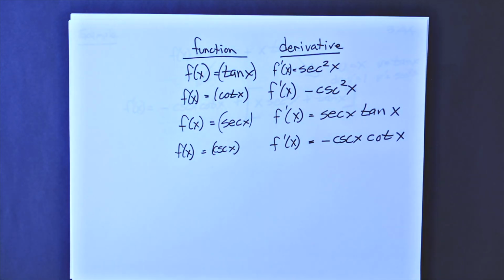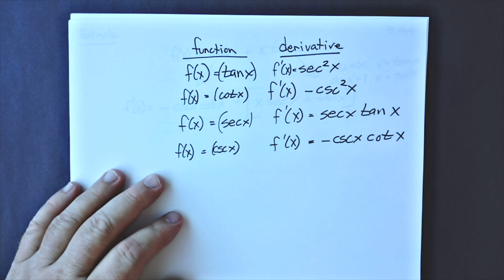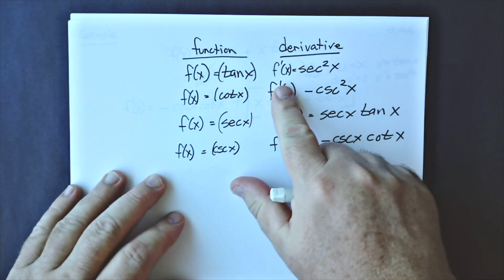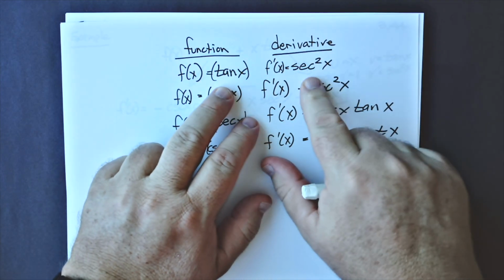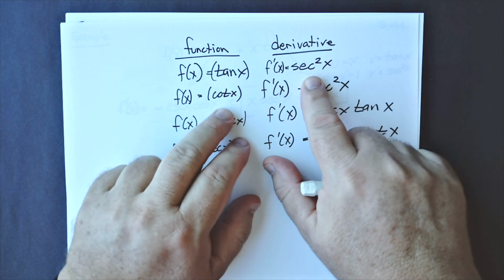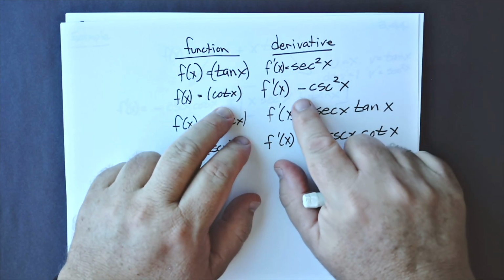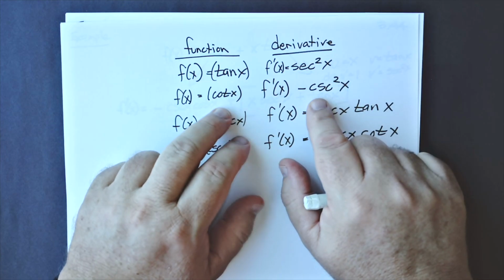Looking at the rest of our trig functions, tangent, cotangent, secant, cosecant, they have somewhat weirder derivatives. The derivative of the tangent is the secant squared. And the derivative of the cotangent is the negative cosecant squared, kind of like that relationship we saw with the sine and cosine.